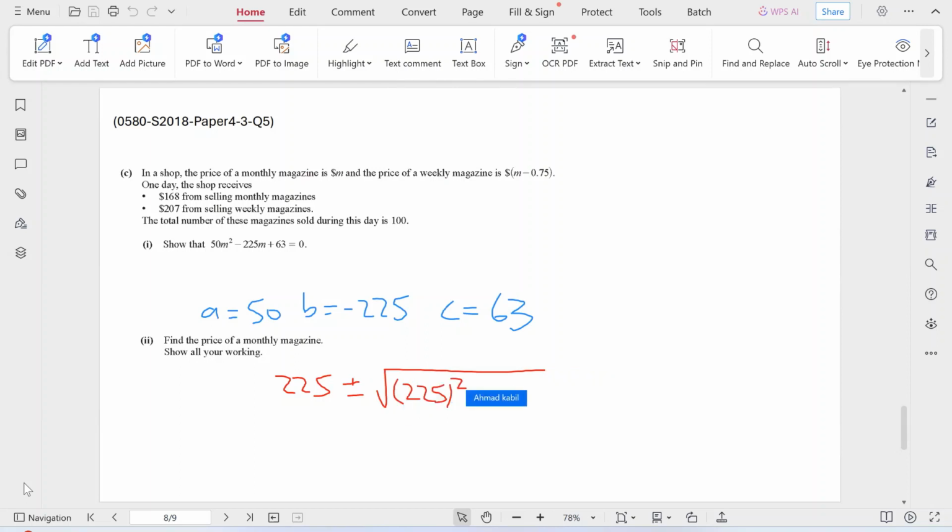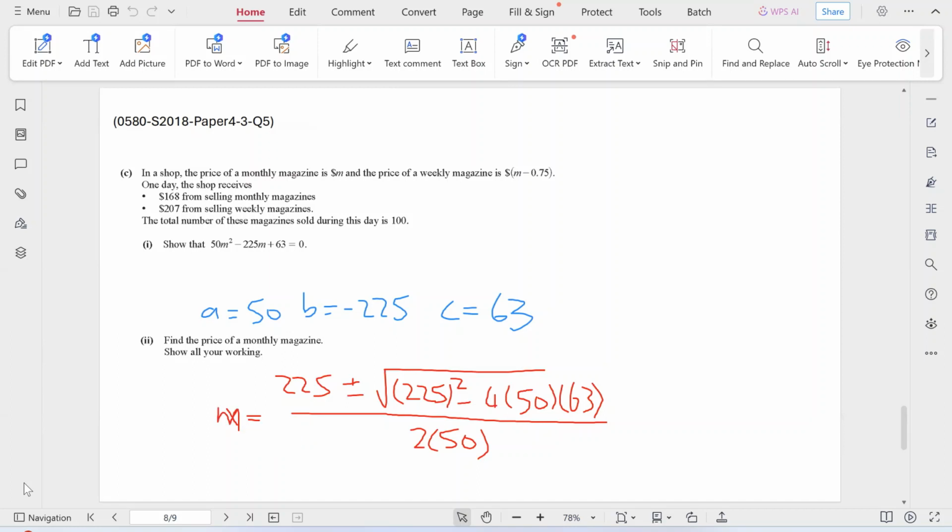I don't take the negative because I'm squaring anyway. For more details, you can check out the video on quadratic formula. Minus 4AC. So 4 times 50 times 63. This is all divided by 2 multiplied by 50. So this is the value of x that we're looking for, or the value of m to be more accurate.